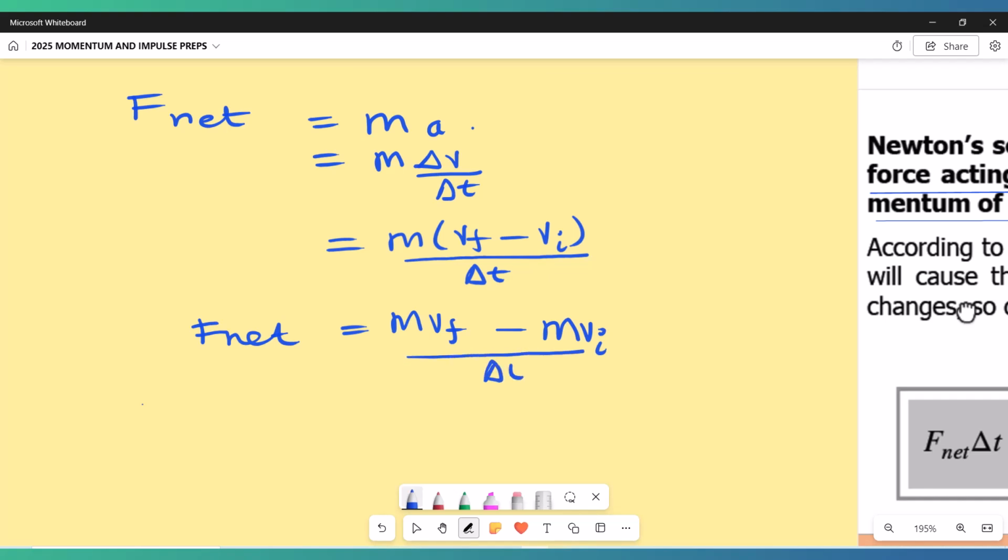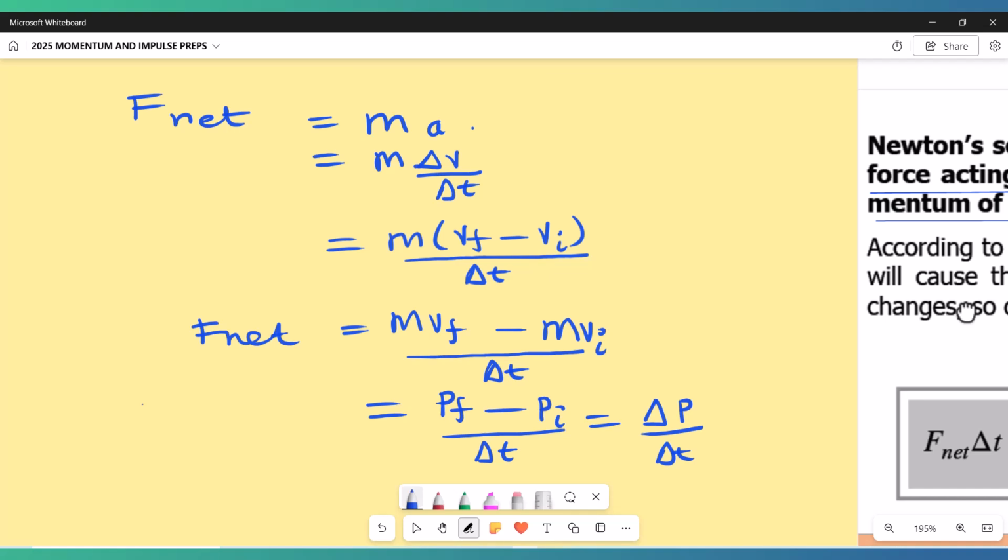But we have just discussed that mass times velocity is momentum. Mass times final velocity is final momentum. It's going to be P final minus P initial. If we say P final minus P initial, we say the same as change in momentum.